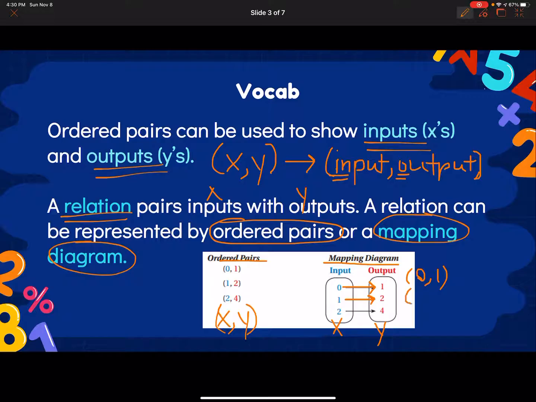So that ordered pair would look like 1, 2. And the last one is a 2 in the input list, and it's paired up with a 4 in the output list. So that would just look like 2, 4 as an ordered pair. So a mapping diagram can do the same thing as listing ordered pairs.